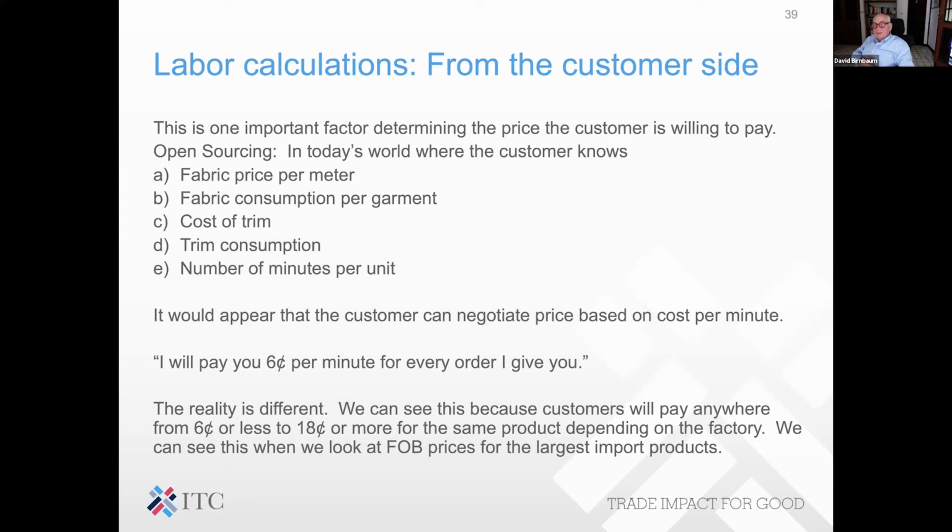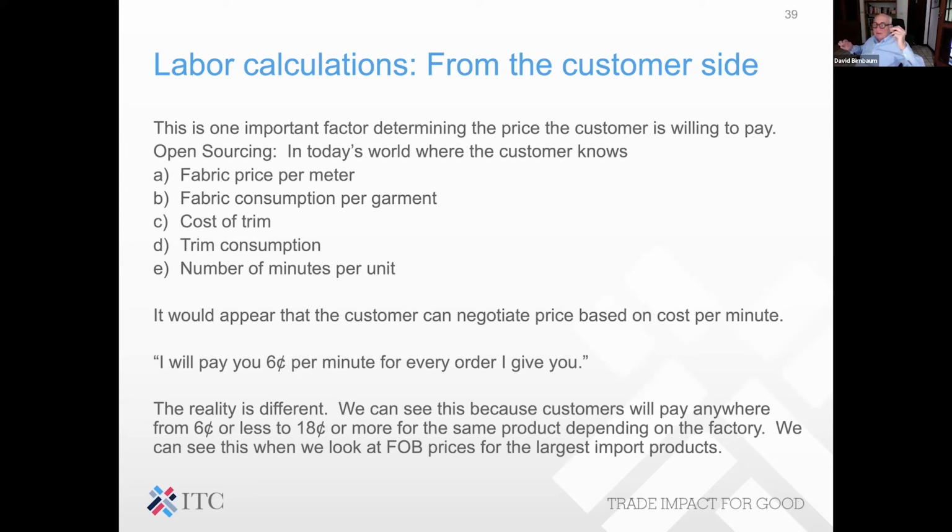The customer knows everything the factory knows. They know the cost of the material, they know the consumption, they know the cost of the trim. They designated the trim suppliers. They know the labor, they know everything. All that matters is the CM. They know the fabric, they know the trim.